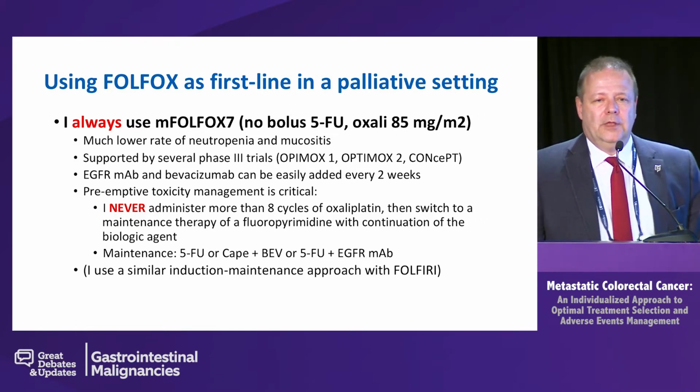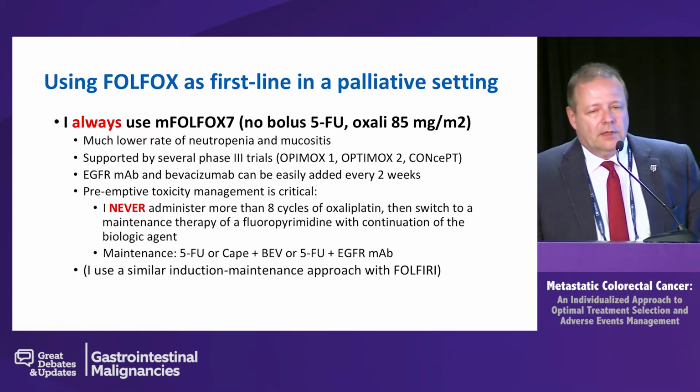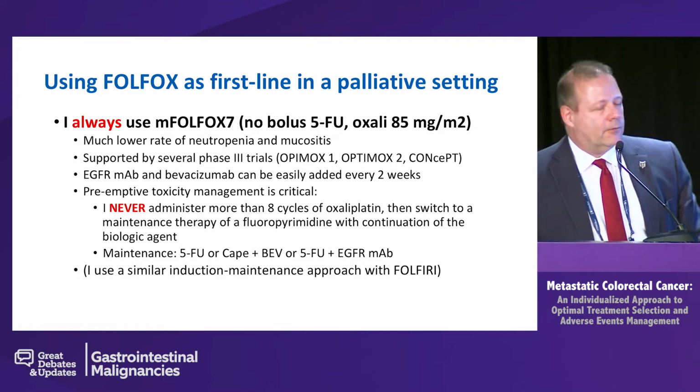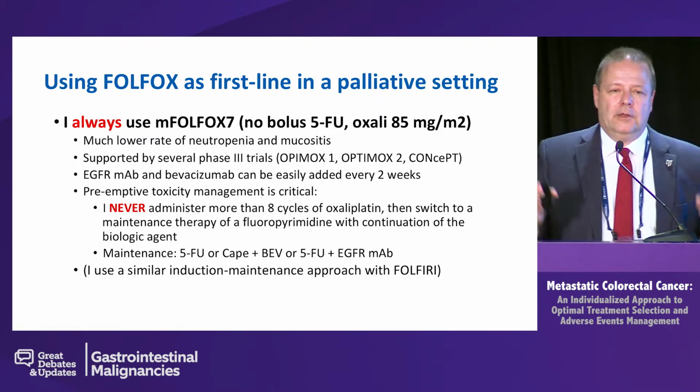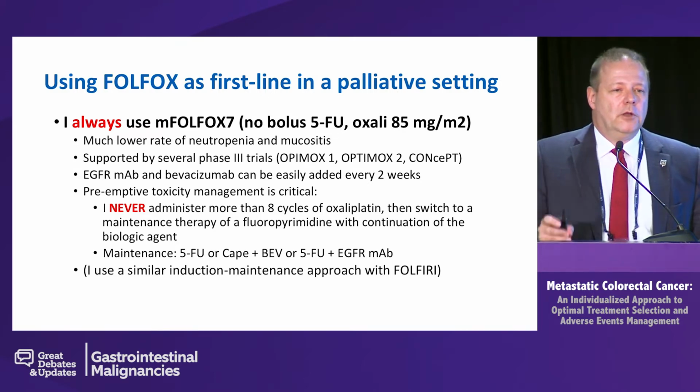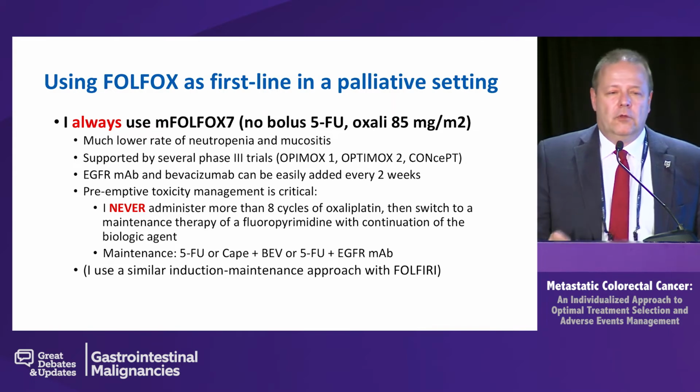The more boluses you have, the more neutropenia and mucositis you have. In my clinical practice, when I use FOLFOX as first-line treatment, and I know a lot of you use FOLFOX as first-line treatment, I always use modified FOLFOX7. No bolus 5-FU, and I keep oxaliplatin at 85 milligrams.